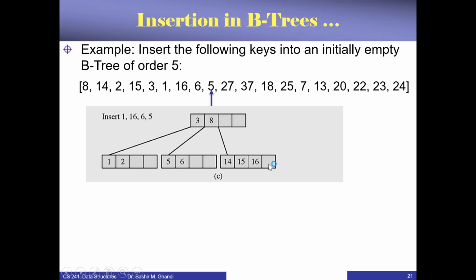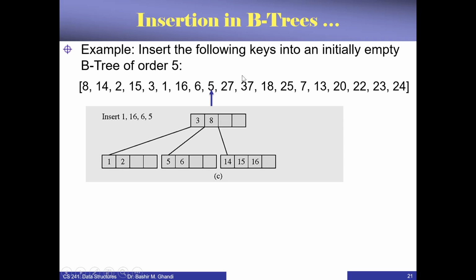27 will fit here, no issue. The node, however, is full. So when you attempt to put 37, it will overflow. So again, you have to split. This time, the 16 is going to be the middle one. On the left, you're going to have 14, 15.